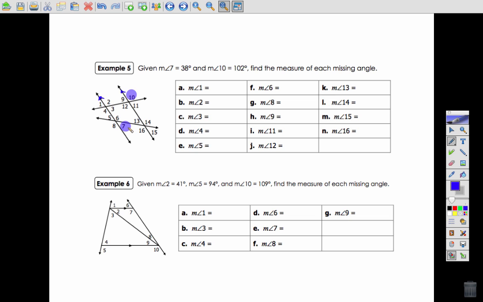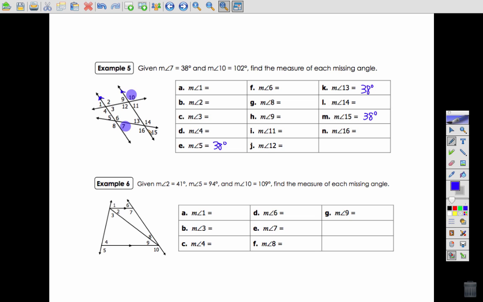So 7 is 38. Angle 5 must be 38 because they are vertical angles. Angle 7 and 15 are corresponding angles, so 15 is 38. And if 15 is 38, 13 must be 38 because that is a vertical angle with 15.